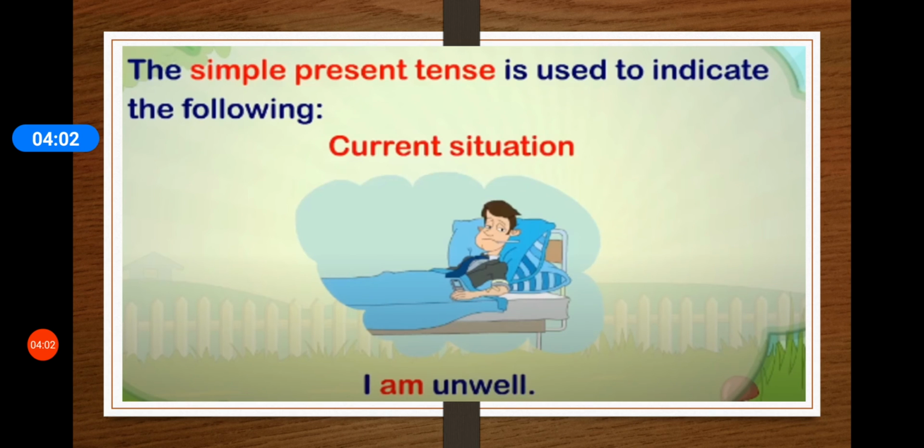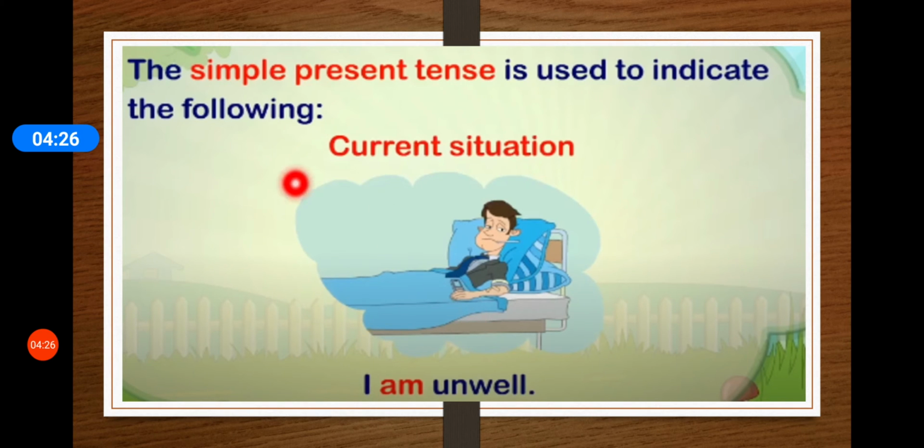Another thing, it is also used to indicate current situation. Current means, children, present situation, the situation that is right now. Like the example we have in front of us, I am unwell. That means right now I am not well. Unwell, that means not well.